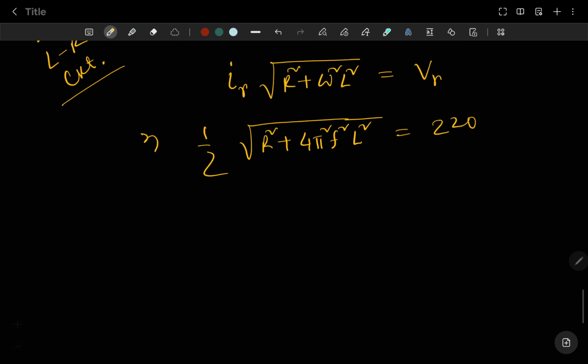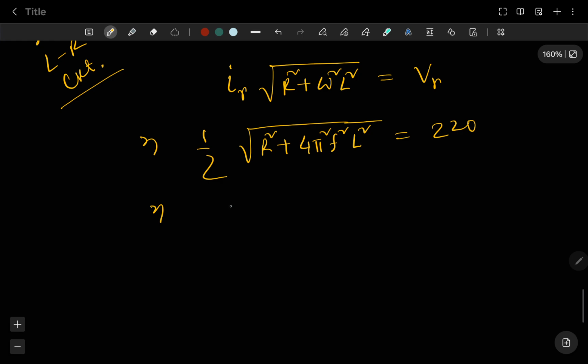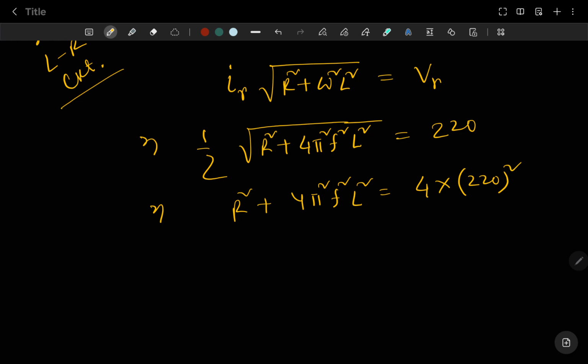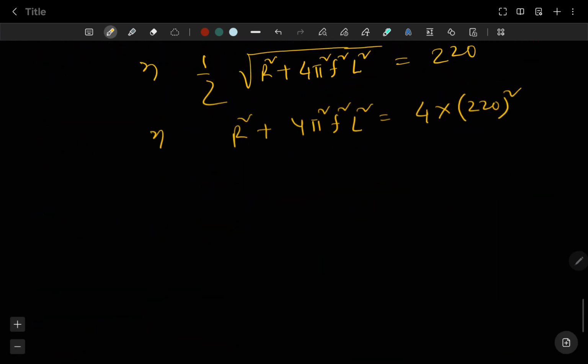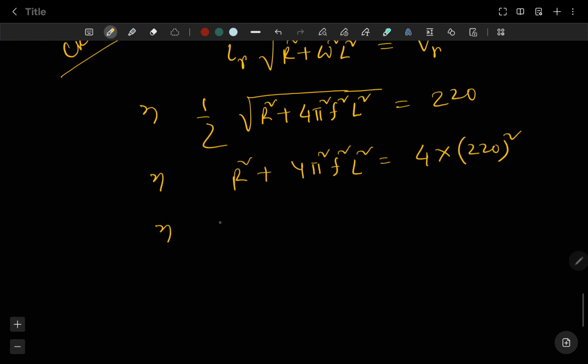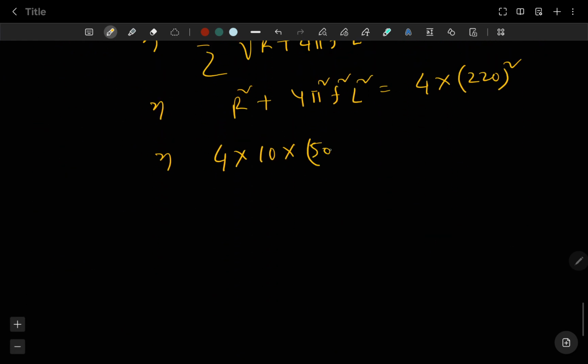It is 220, right? So R square plus 4 pi square f square L square will be 4 into 220 square. Now R is 220 itself, so it is 4 into pi square is 10, f square, what is f? F is 50, so 50 square.